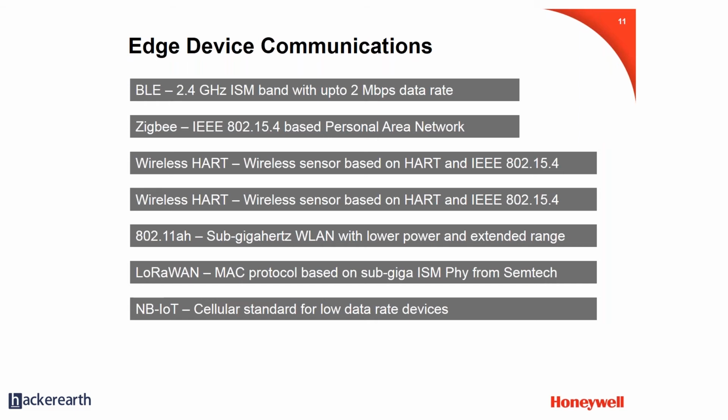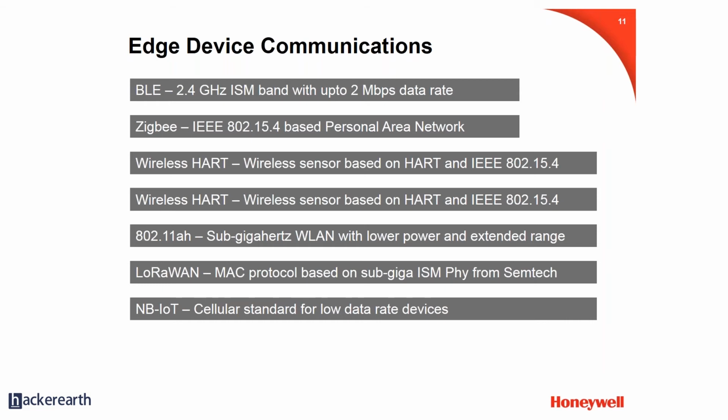These are called low power WAN technologies, right? WAN is a wide area network, as opposed to WLAN, which is a wireless local area network. LoRaWAN, narrowband IoT, and even to an extent 802.11ah are actually low power wide area network standards, which allow you to communicate over large distances.